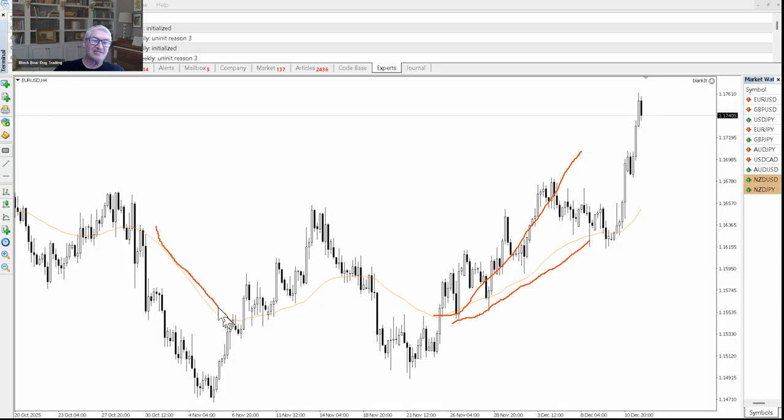Now here, this one is definitely stronger. I know this is fast, but I just want to point it out. This is definitely sharper down than this one is up. So this is a gentle trend. Does not mean you do not have buy opportunity in this case. You sure did when you look at this all right here. But it had to be taken with caution because the trend was gentle.